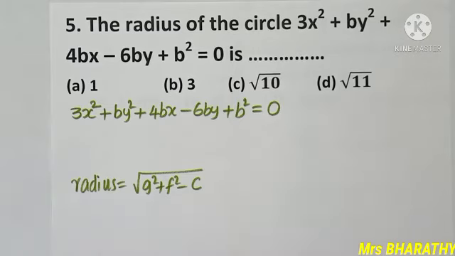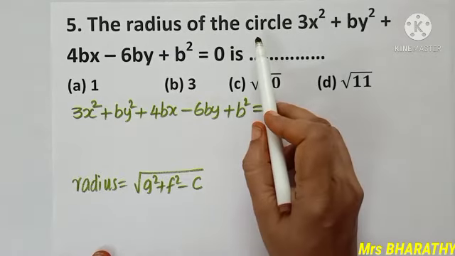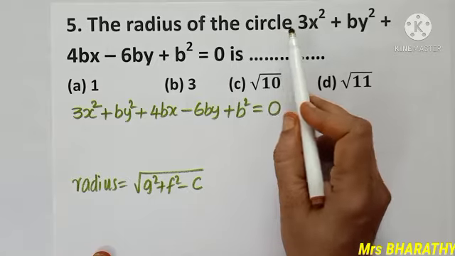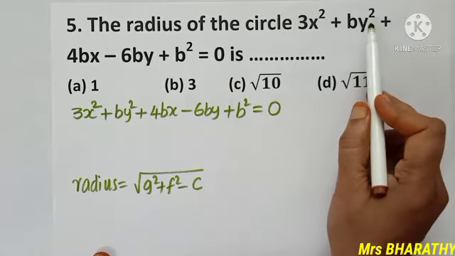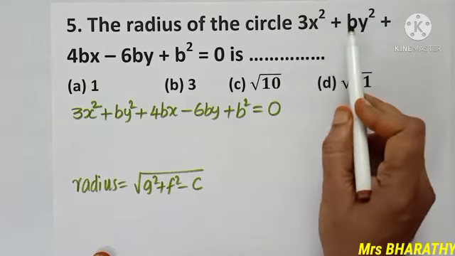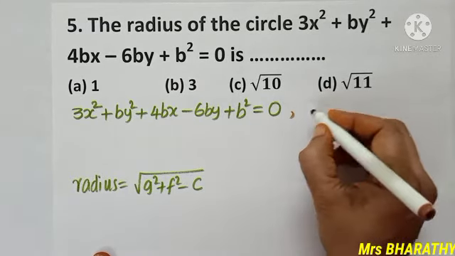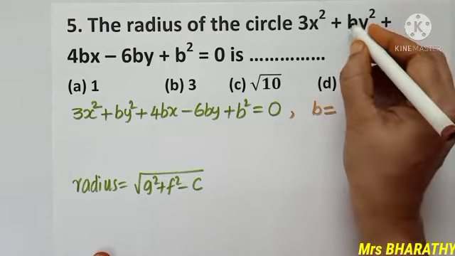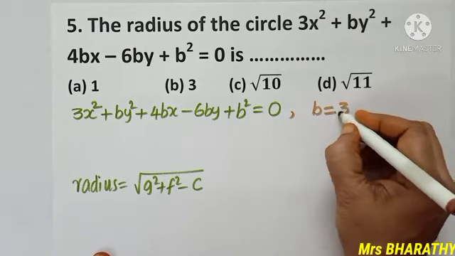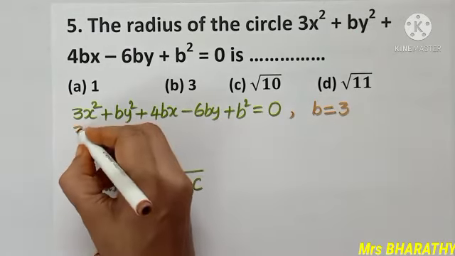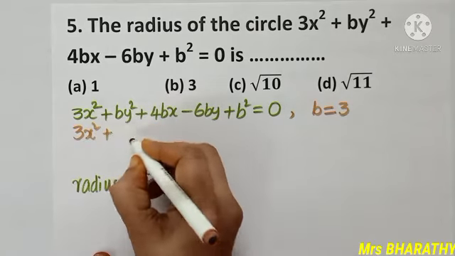Question number 5, the radius of the circle. We know circle should have x square and y square same coefficient. So as I look at the equation, I understand B must be equal to 3. So rewriting the equation, it is 3x square.